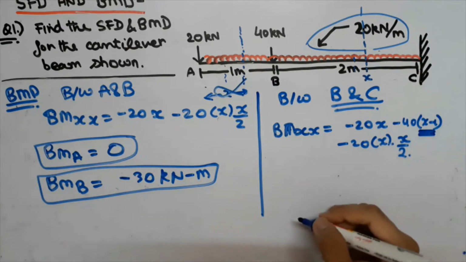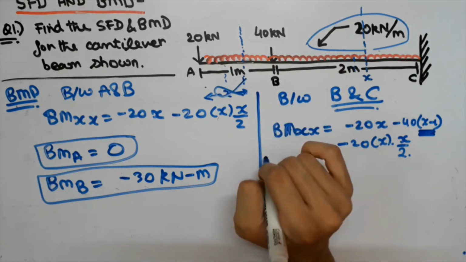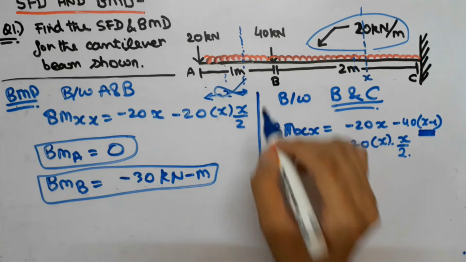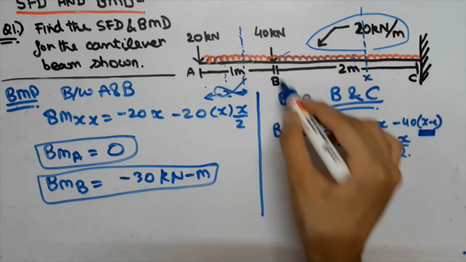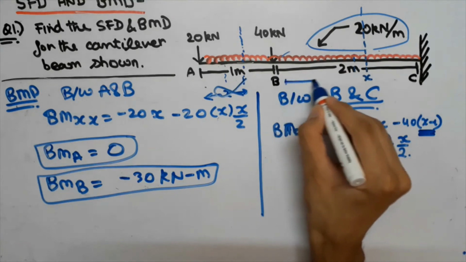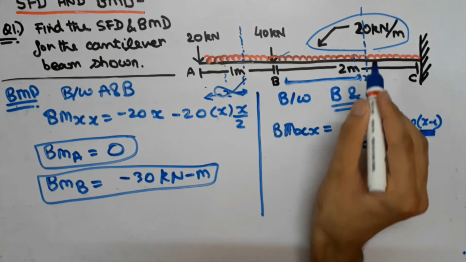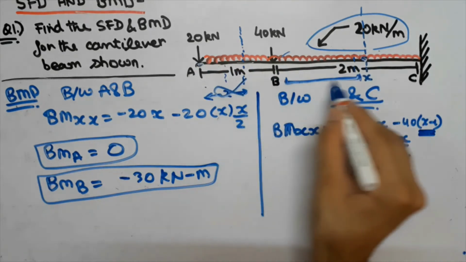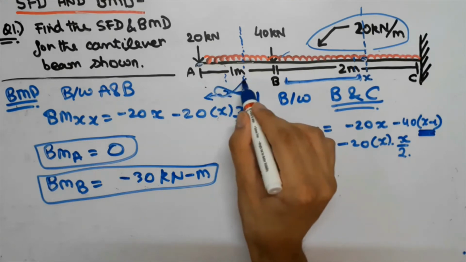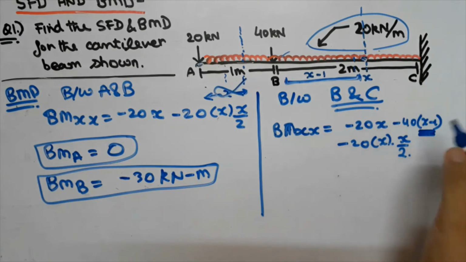Now this is an important point, because now it is at point B, which is at a distance of 1 meter from here. But we are finding the bending moment for this part, so we will only take this length. And as we have considered that from this point to the point A, the distance is x and this length is 1 meter, so this length will come out to be x minus 1. That is why we have multiplied by x minus 1.